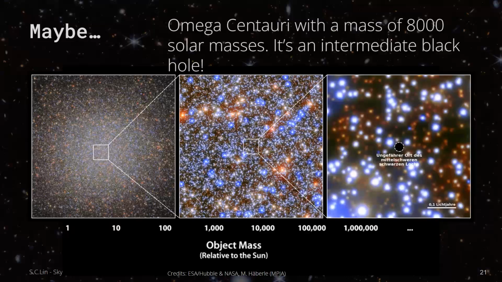So they're actually like two directions, right? Either it's not existing, like we're just looking at some projection effects or something like this, or it actually exists, but the birth of these intermediate black holes is probably distinct from the stellar mass black hole. So people doing research on intermediate black holes are thinking that these black holes actually formed pretty early in the universe, and they formed at the center of some really small dwarf galaxies.